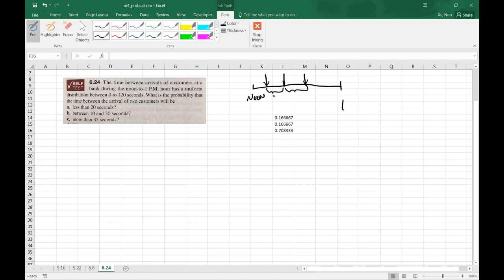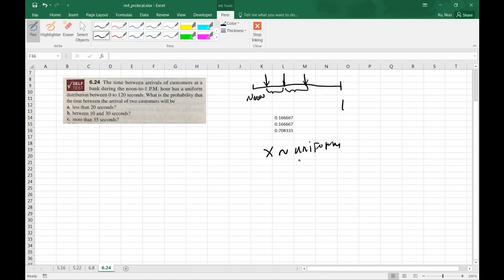Again, it's time, therefore it's measured, therefore it's a continuous variable. And it tells you that it follows a uniform continuous distribution between 0 to 120 seconds.